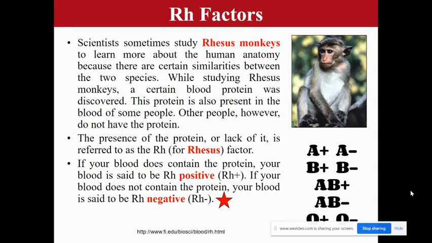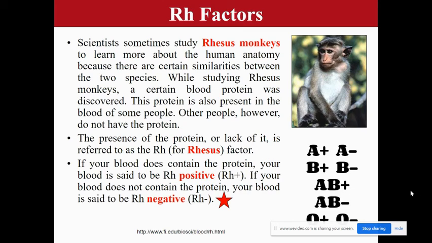So the presence or lack of the protein is referred to as the Rh factor, which is short for rhesus factor. If your blood does contain the protein, it's considered Rh positive, and if the blood does not contain the protein, it's considered Rh negative. So you can have A positive, A negative, B positive, B negative, AB positive, AB negative, O positive, or O negative. That's a total of 8 different possible combinations of blood type.